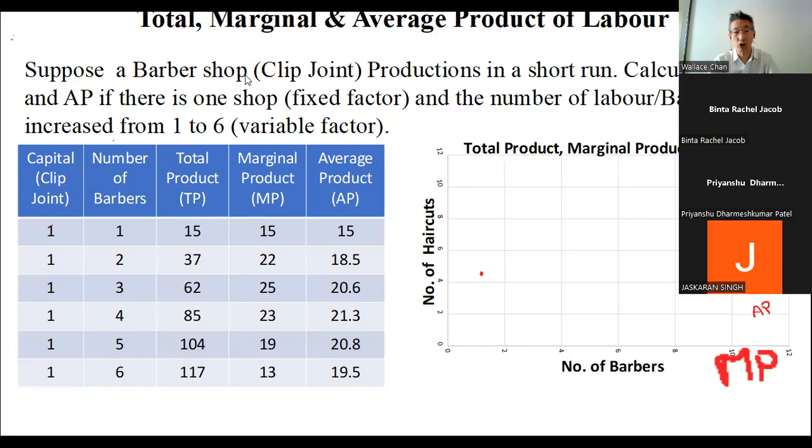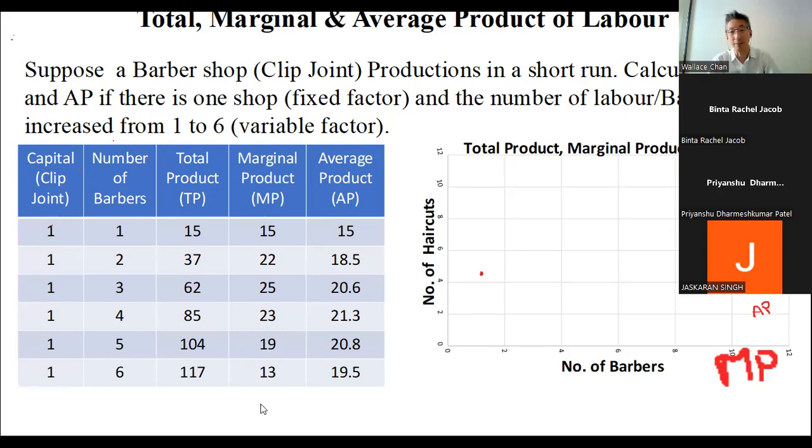Suppose a barber shop produces in the short run. Because when we talk about short run, we assume that the barber shop cannot easily change the size of the store or the machines. However, the barber shop can change the number of people working there.